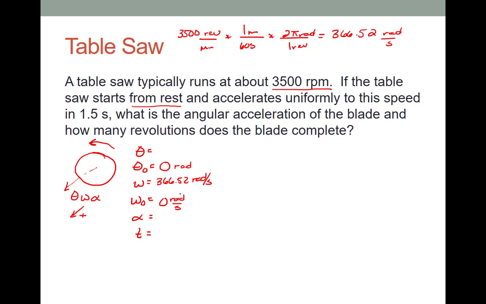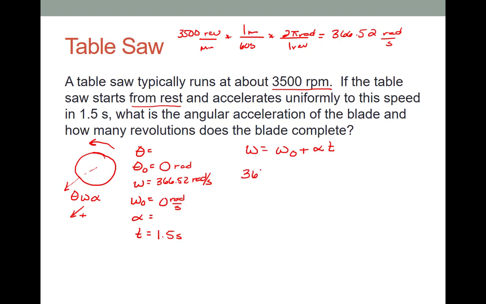The last piece of information I'm given in this problem is that it takes a second and a half, 1.5 seconds, for time. And I want to find the angle and the acceleration. Let's begin by finding the acceleration. The easiest way to do that is to use the omega equals omega naught plus alpha t formula.